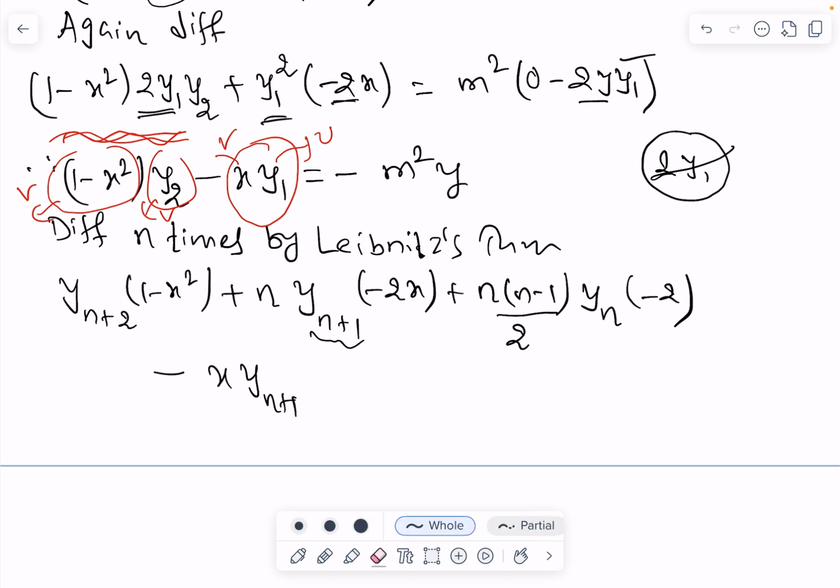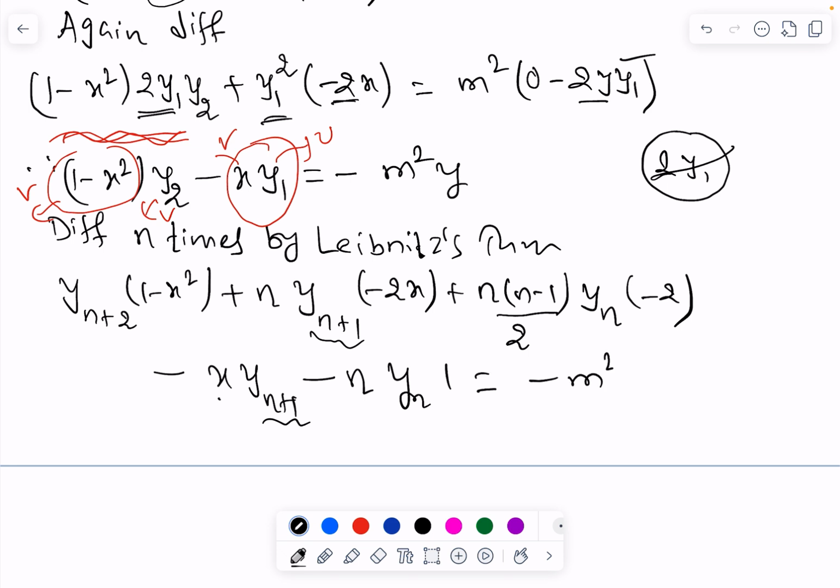Then plus n, but sign is negative here, so we use sign minus, nC1 is n. This is yn, one less derivative of this, and derivative of x is 1. So that's over. And minus m square, derivative n times of y is yn.